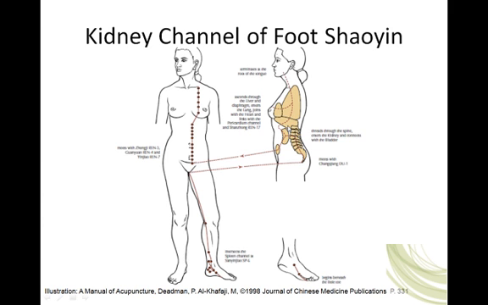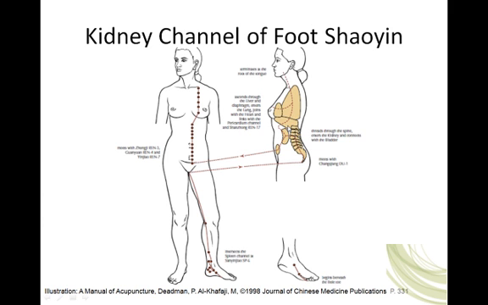We know the kidney dominates bone. We know that the kidney dominates water, and it controls the reception of qi. And we know the kidneys open into the ears, dominate the 2 lower yin, that's the anus and the urethra, right, the openings for elimination.